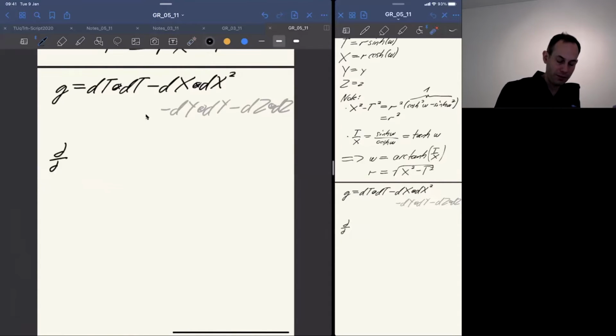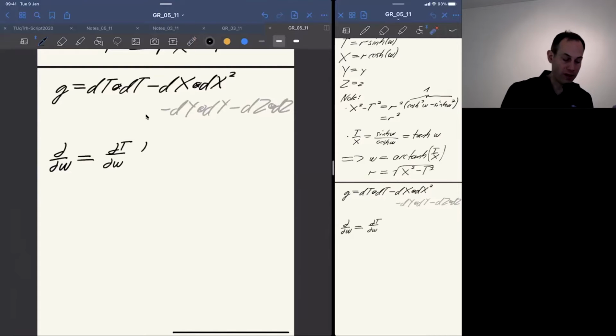So what I mean by the tangent vector along the coordinates is, of course, ∂/∂ω. Now we express it in the coordinates of the original Minkowski space. We want to express it in the Minkowski coordinates.